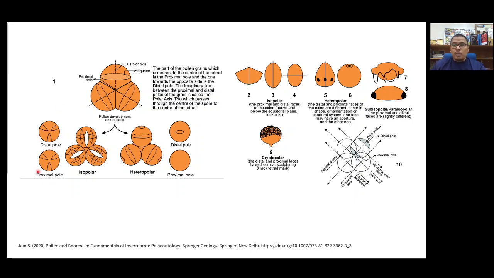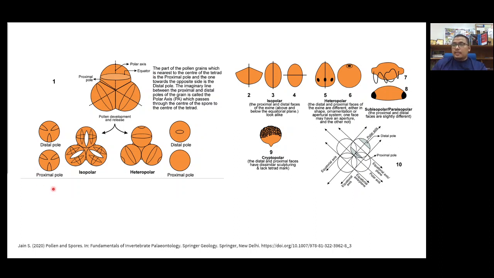The line joining the two poles we call the polar axis, and the line running around the pollen at right angles to the polar axis is termed the equator. So you can look at these parts of the pollen grains.